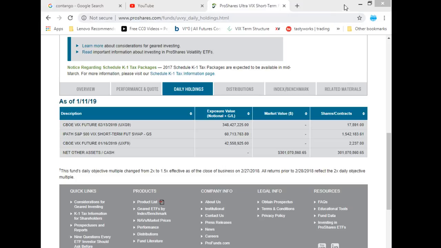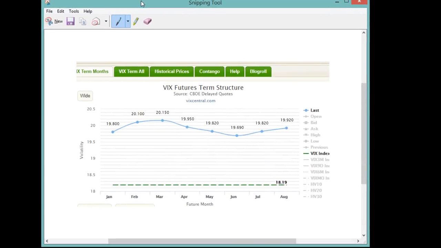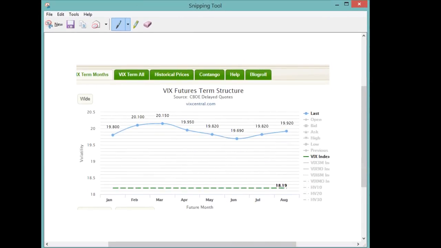Now, when a chart is in Contango, it means that there is an upwardly sloping term structure. So if I pull up the chart right now, this is the term structure in UVXY, and overall it's pretty flat. It does go from 19.8 all the way up to 19.92, so overall it's upwardly sloping.